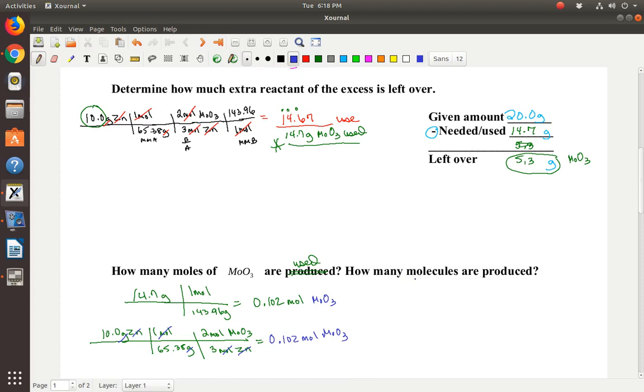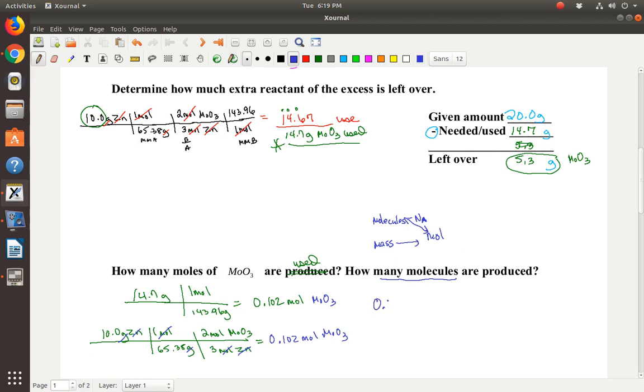Now the next question is how many molecules? Well, remember that in order to get to moles, you can use mass, but you could also use molecules or particles, and that's using Avogadro's number. So we need to use Avogadro's number for this second question. I'm going to turn moles into molecules, because this goes back and forth depending on Avogadro's number.